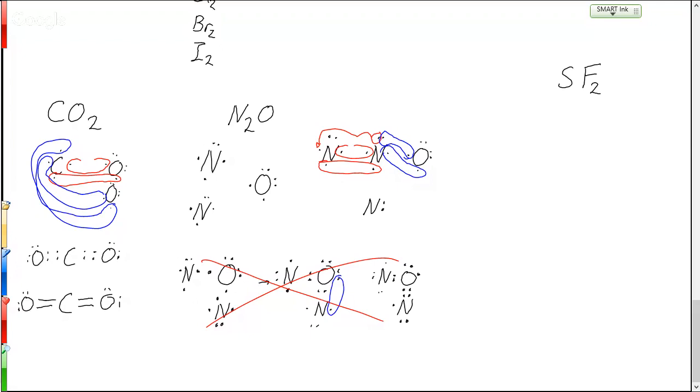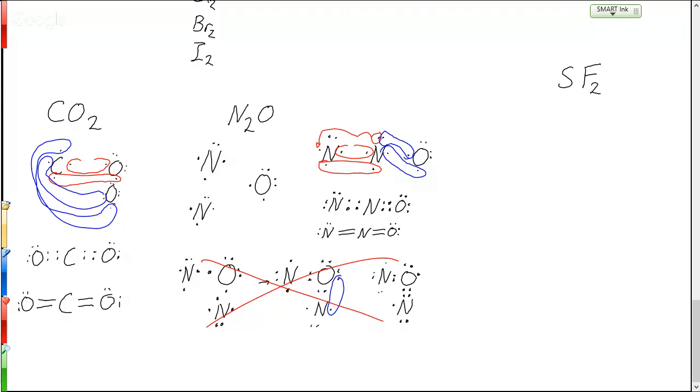We end up getting a double bond to each side, having those electrons over there and these over here, and now everything works out. Whoops, not O there, it's an N. So that actually works. And there's another way to do this with a triple bond too.